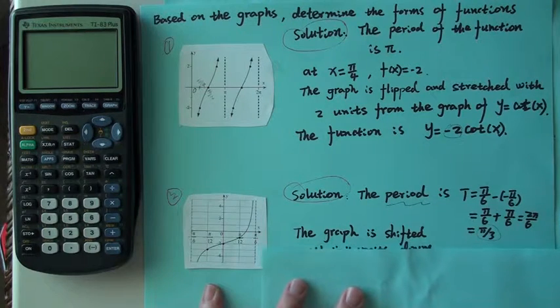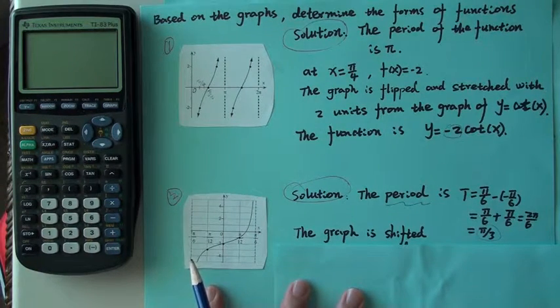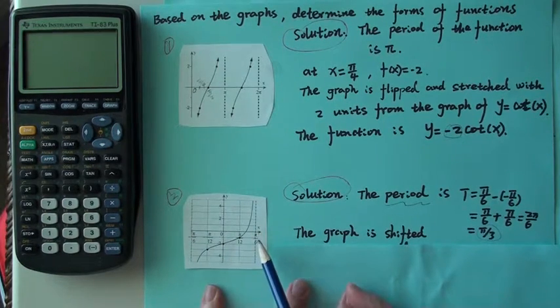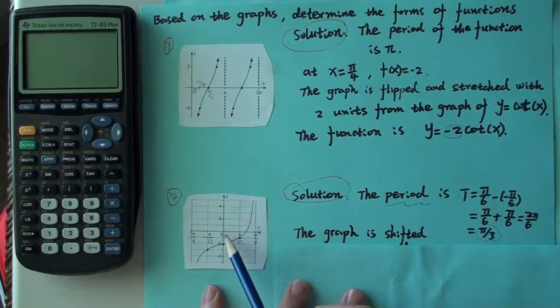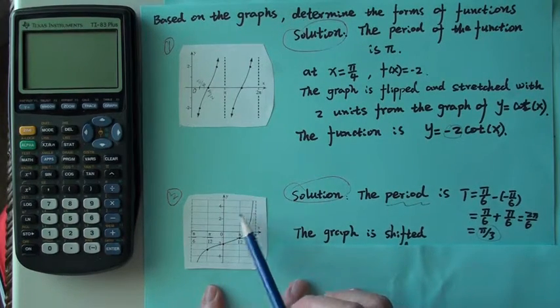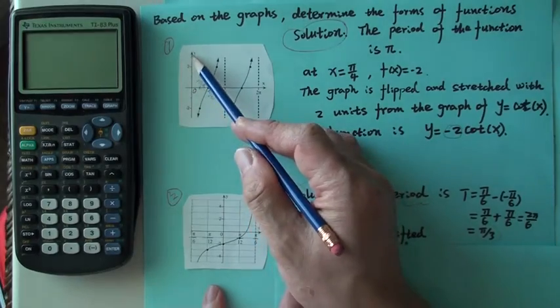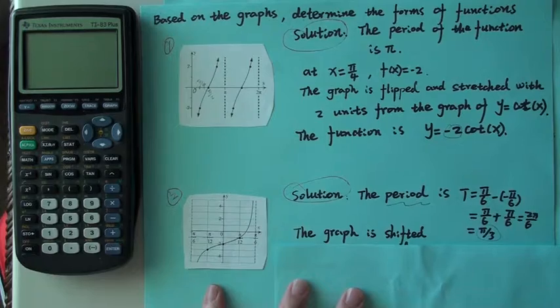But why do we choose tangent, not cotangent? Again, for tangent, the typical period is from negative pi over 2 to positive pi over 2, and it goes through the origin, or it goes across the y-axis. That's why we think about tangent, not cotangent. Cotangent does not go through the y-axis. Tangent does.